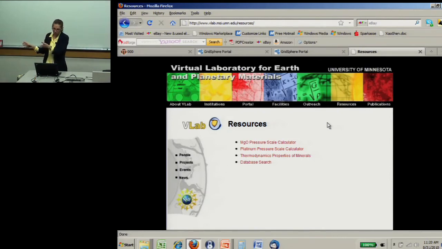The code is available on another site if you want to download, read by yourself, and use the input that is there also and play with it. You can do that as well. Other resources that we made available here are some highly accurate equations of state that we use by combining experimental data and calculated data for MgO and for platinum.